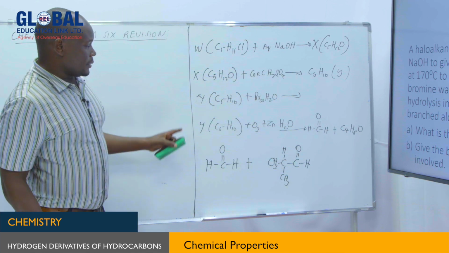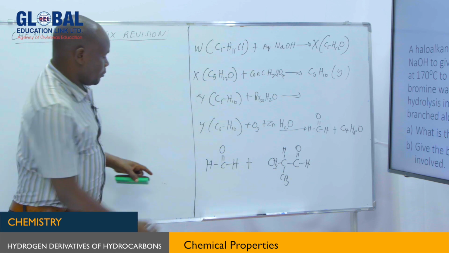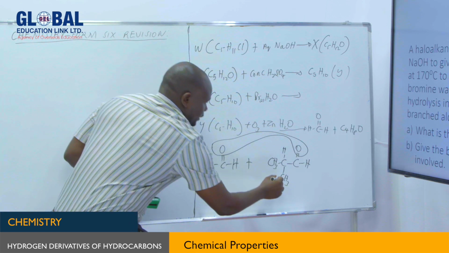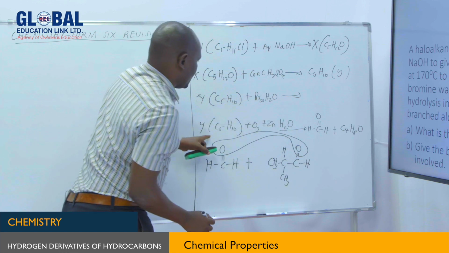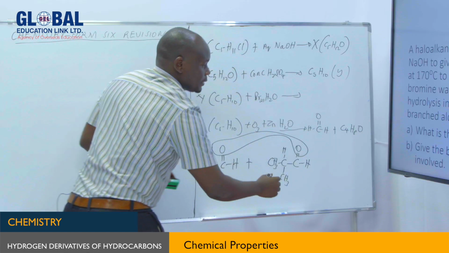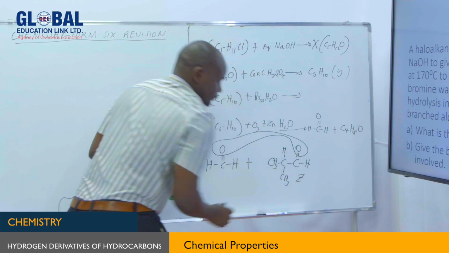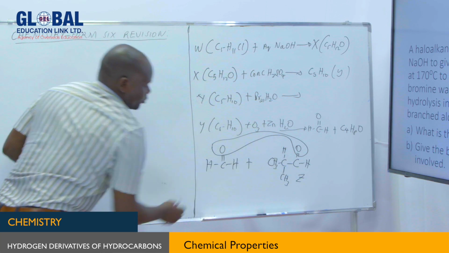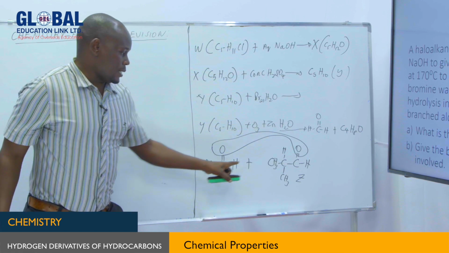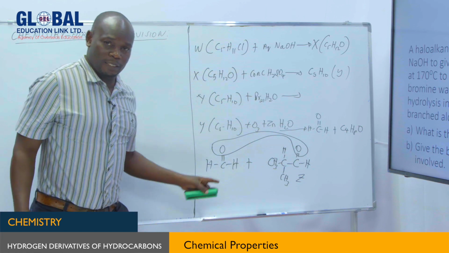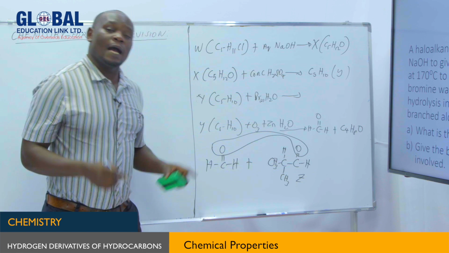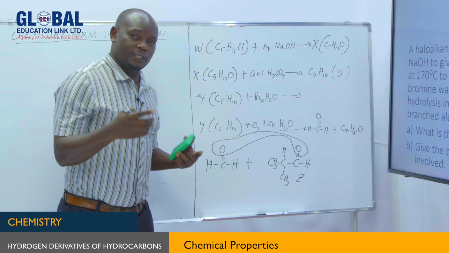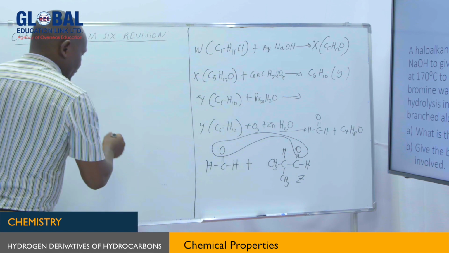So to get now the structure of Y, we just join this part. So this is now our structure Z, and Y will be obtained by joining these two. The carbon atoms having a double bond with the oxygen are the carbon atoms that had the double bond in the alkene. So you just first join those carbon atoms.